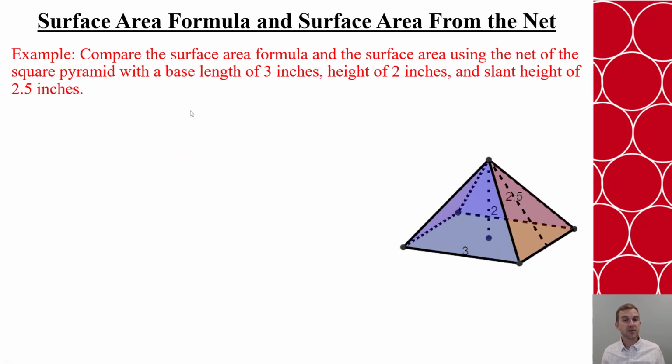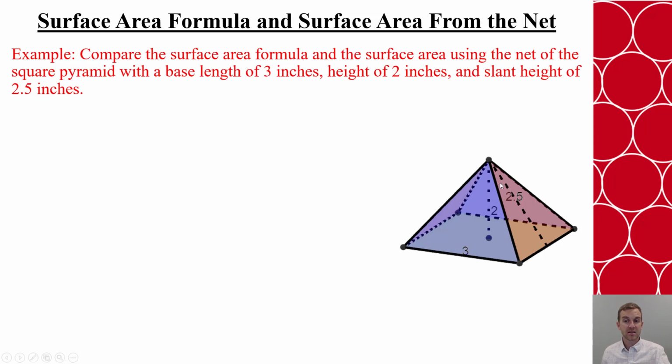Now let's think about that from the perspective of a pyramid, in this case a square pyramid. And let's compare how we go from the surface area formula to understanding using the net. Say that this square pyramid has a base length of 3 inches, a height of 2 inches, so that's the perpendicular height from the base to the apex, and then a slant height of 2.5 inches.